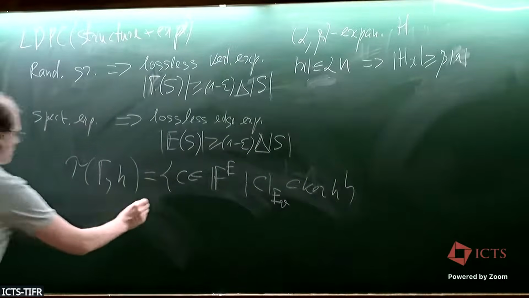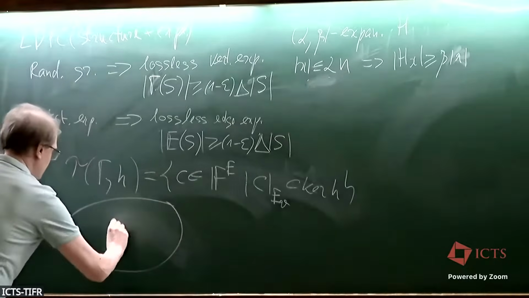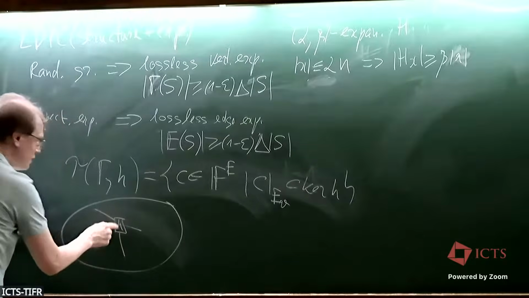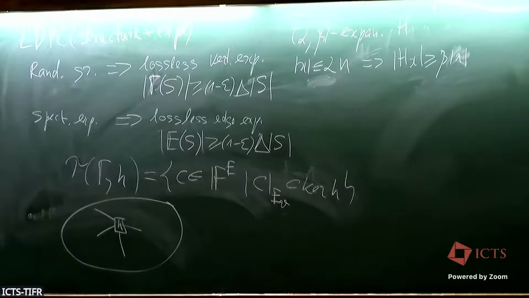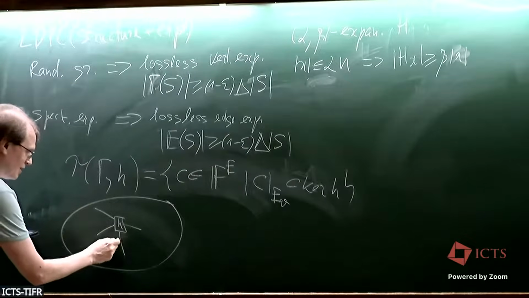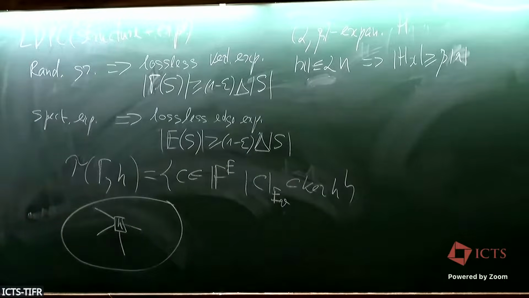If we draw it in a picture like that, we have a graph, and in each vertex we have a parity check matrix that checks these bits, whether they satisfy it or not. And if everything is satisfied, then we have a valid codeword.